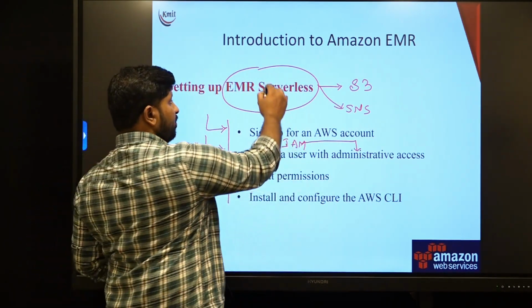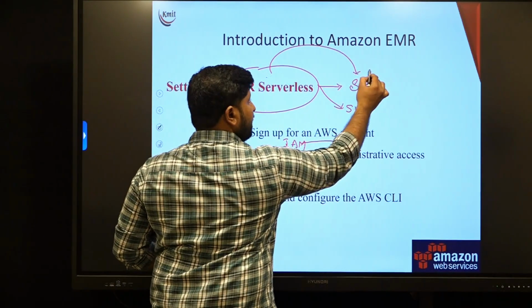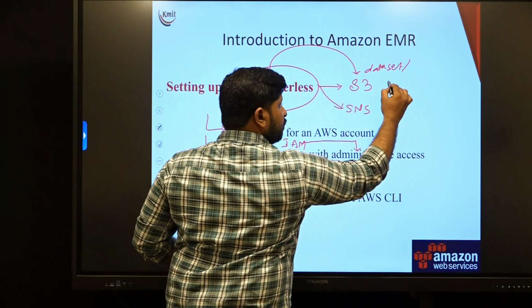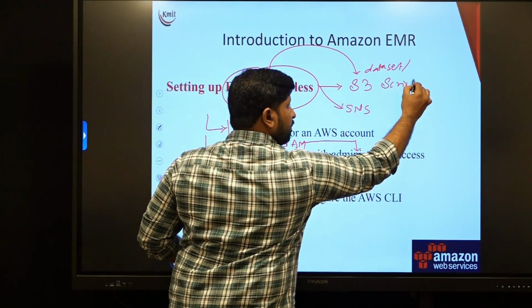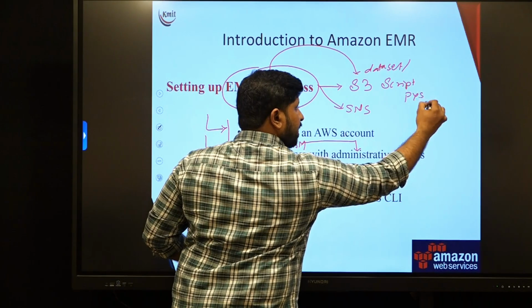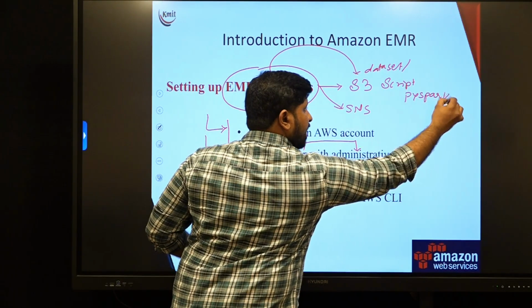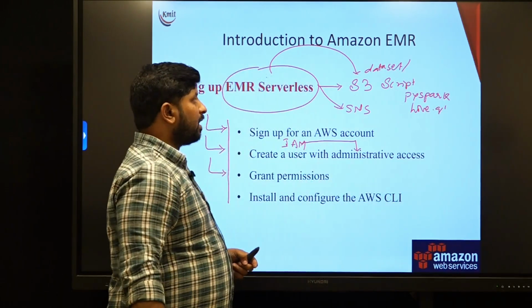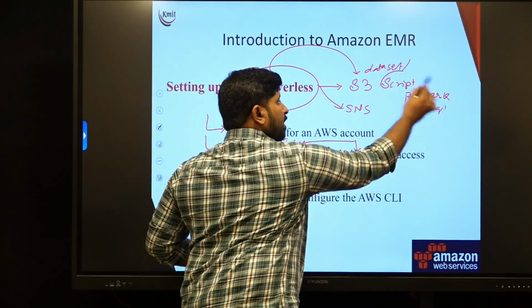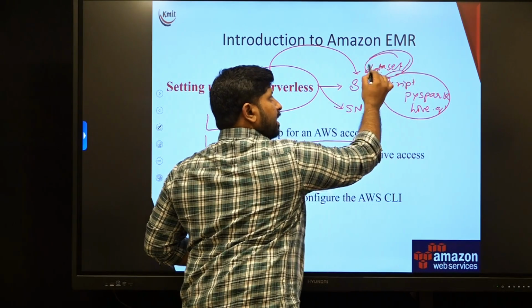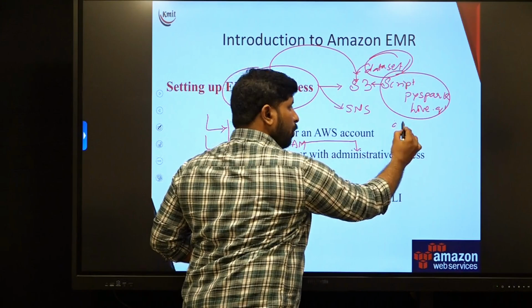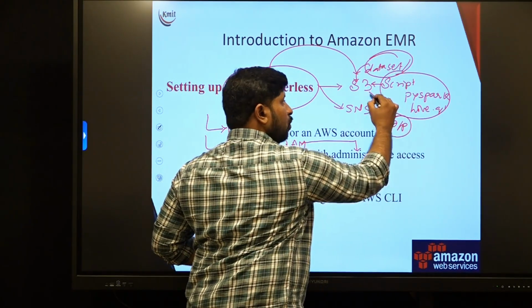If I am using this, then I may store my data set in S3, or else I may store the script. Which script? PySpark script or else Hive script. All these scripts I can store in an S3 bucket, or else I can store data sets on S3, or else I can store my output which is generated after analytics to S3.